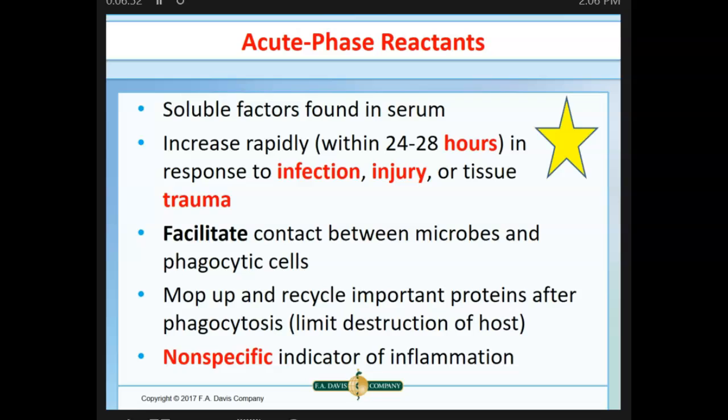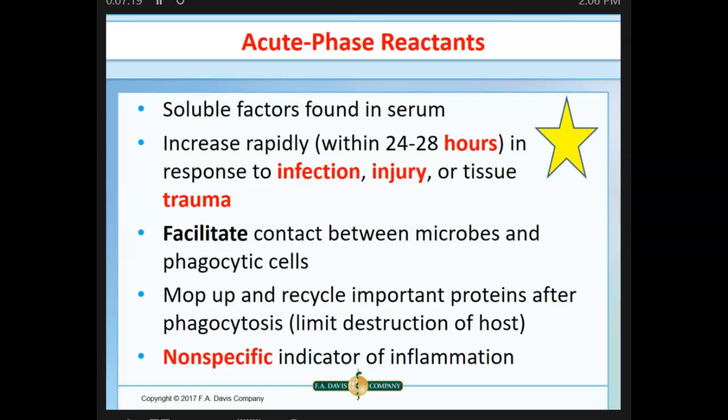Acute phase reactants are soluble factors found in serum. These factors increase rapidly within 24 to 48 hours in response to infection, injury, or tissue trauma. Acute phase reactants facilitate contact between microbes and phagocytic cells, so they facilitate contact between, say, bacteria and our monocytes.